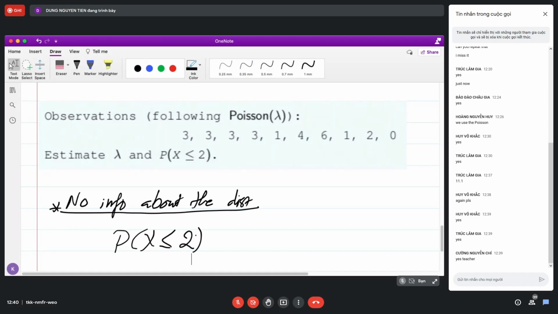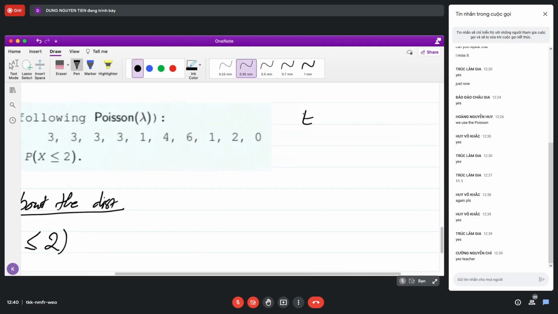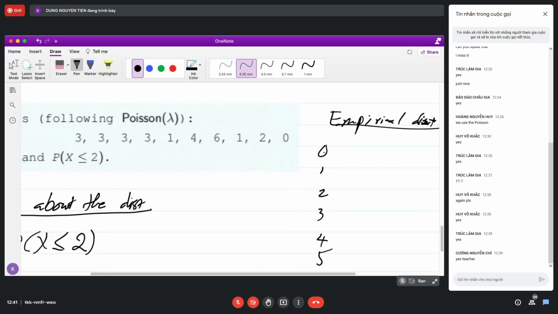What is the empirical distribution? In order to get the empirical distribution, I need to consider, let's say you get 0, 1, 2, 3, 4, 5, and count the relative frequency.